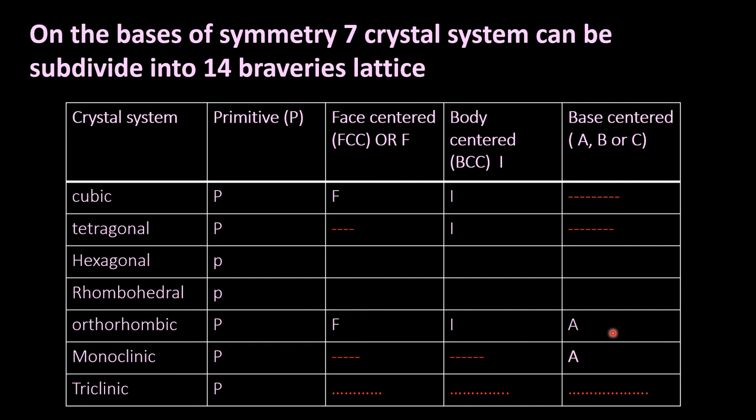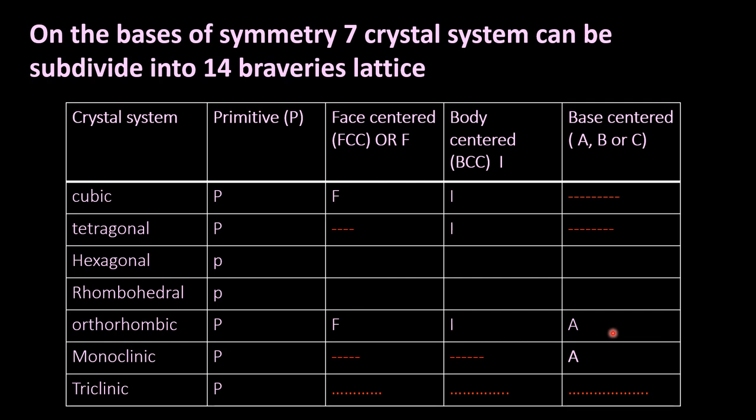It can have the atom at the top or bottom face, or it can have the atom on two opposite faces, or it can have atoms on the front face and on the face behind the front face. That is, it depends on the position of the base-centered atom. It can be of either A type, B type or C type.